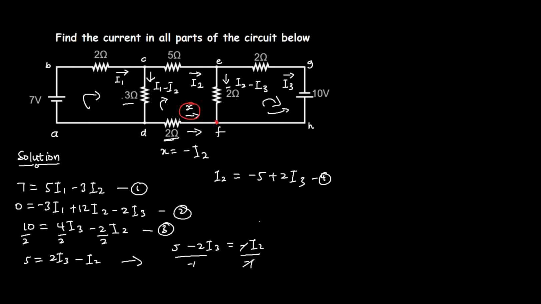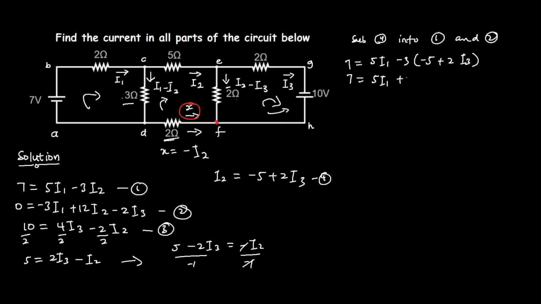Okay, so now what we will do here is that we are going to substitute equation 4 into equation 1 and then 2. So sub equation 4 into 1 and 2. So from equation 1, you have what? 7 equals 5I1 minus 3I2. But we know I2 to be what? Minus 5 plus 2I3. So this will give us what? 7 equals 5I1 plus 15 minus 6I3.